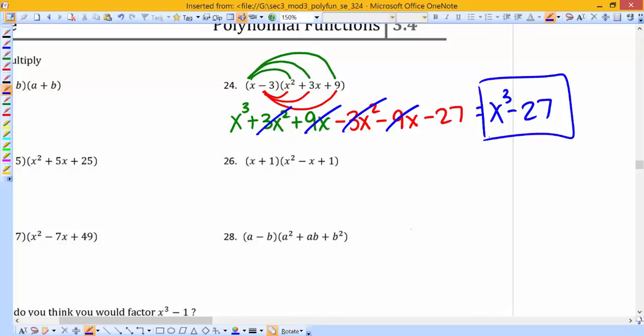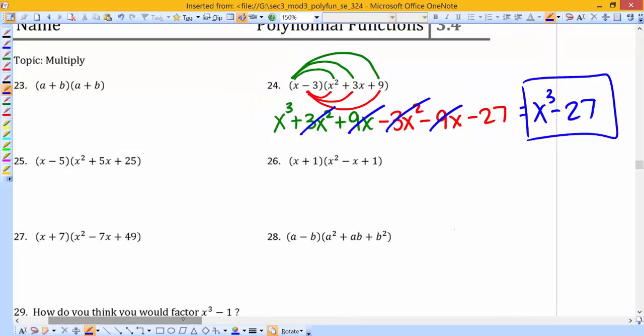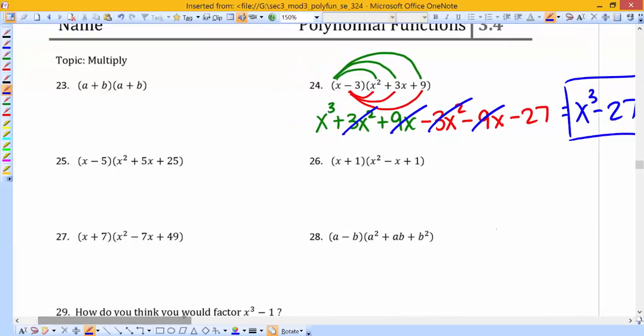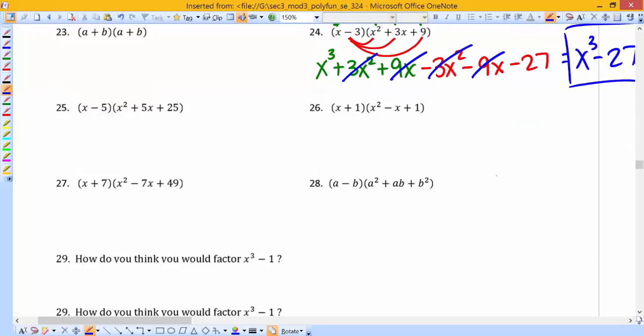That's going to happen all the way through those, so make sure that you guys are multiplying correctly. Then you're going to use this. You're going to look back, pay attention to what all of your answers are for 24, 25, 26, 27, and 28. Pay attention to what all of those answers become and make a guess on 29, please.